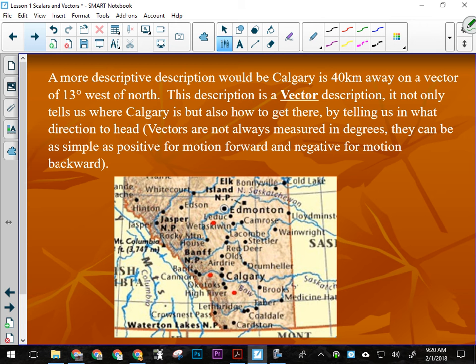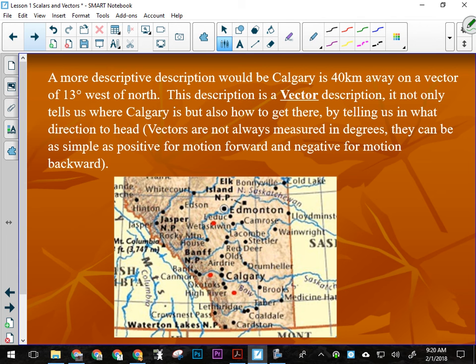Is 40 kilometers more or less accurate than 40 kilometers at 13 degrees west of north? Is there a difference in accuracy? One seems like it should be more accurate, right? Because it gives more information. But it's just giving you more information.